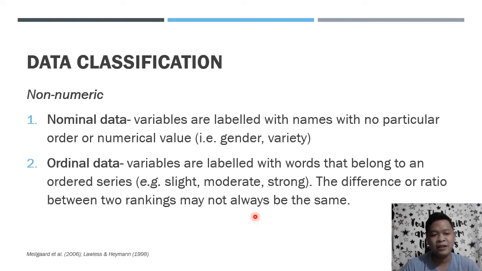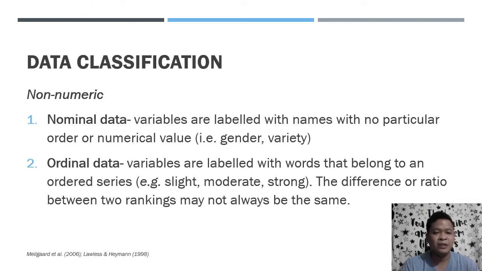Therefore, even though they are ordered first, second, and third, the difference between the score of the first and the second is very high, whereas the difference between the score of the second and third is marginal, and therefore you cannot use parametric statistics on ordinal data, among other things.